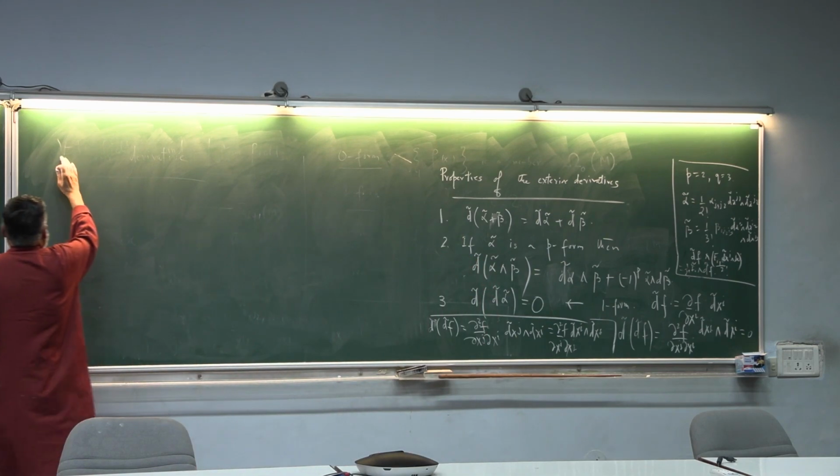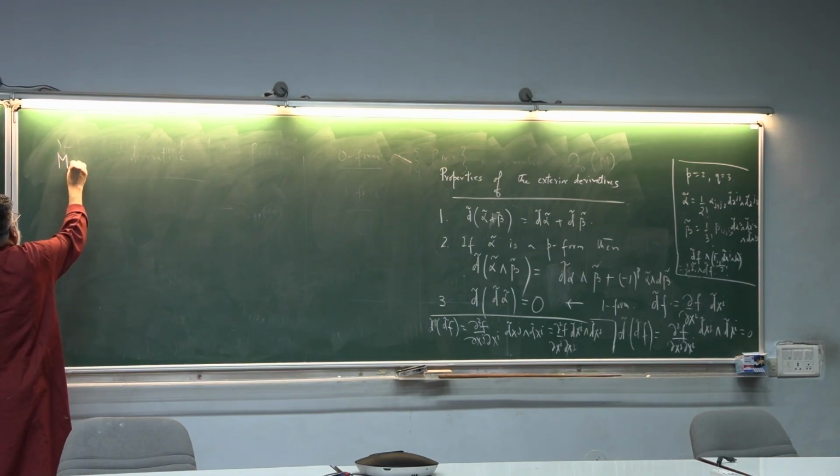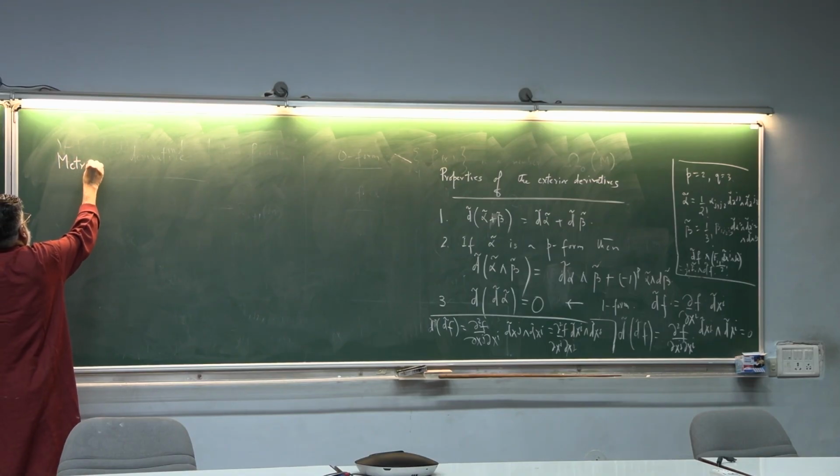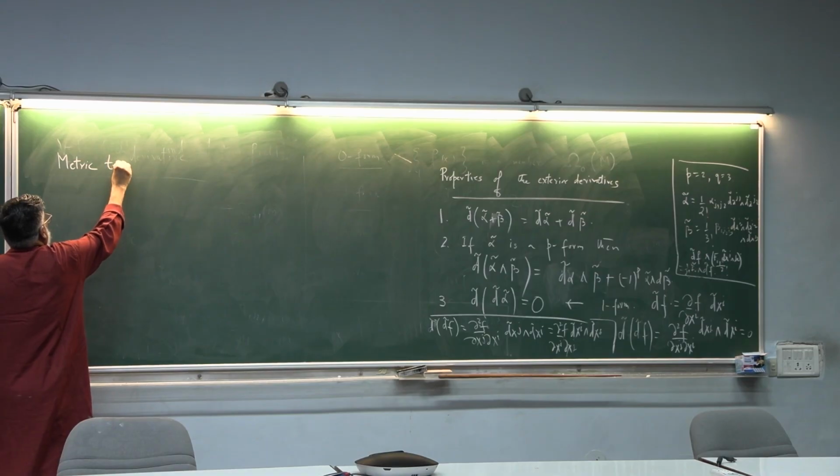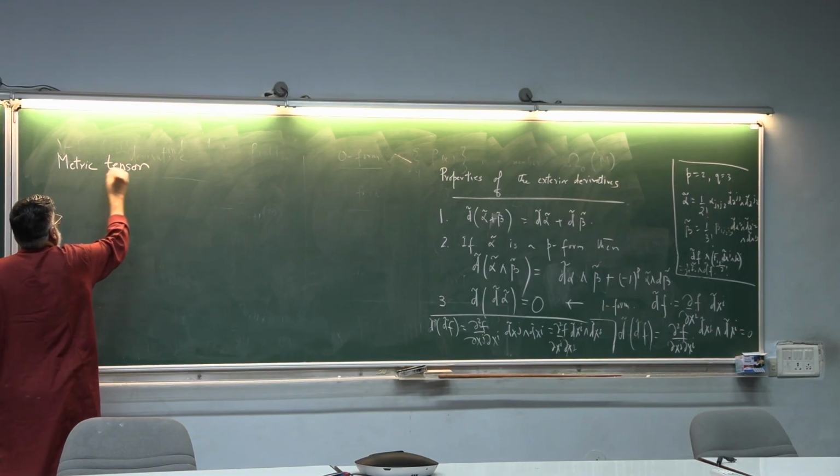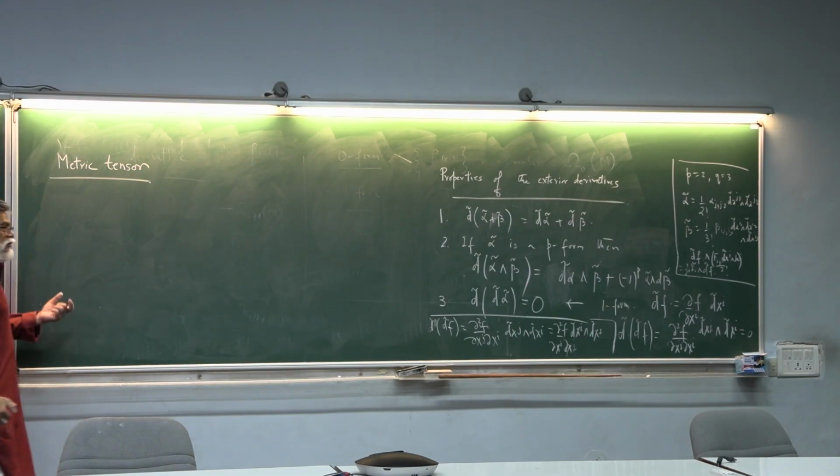For the first time I am talking about the metric tensor. So far our analysis never bothered about a notion of metric, or finding the magnitude of a vector and so on.